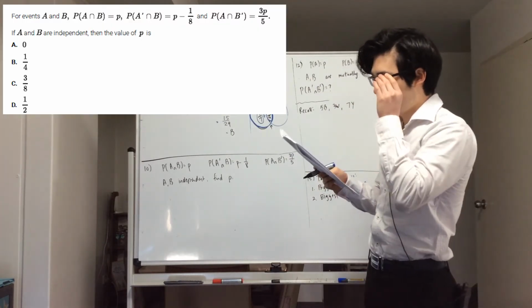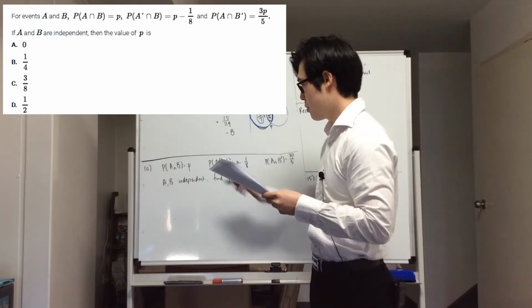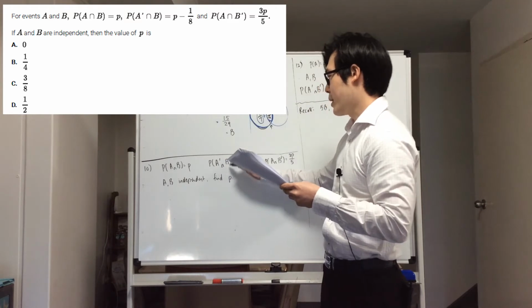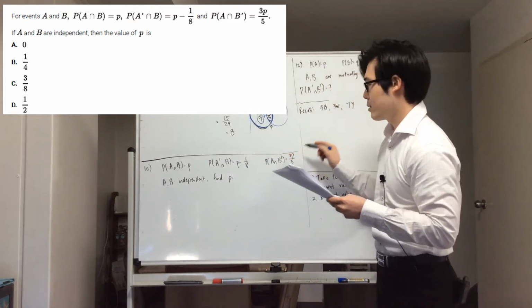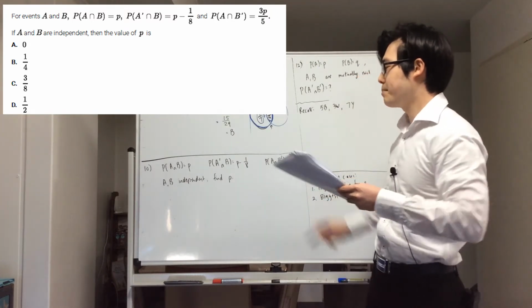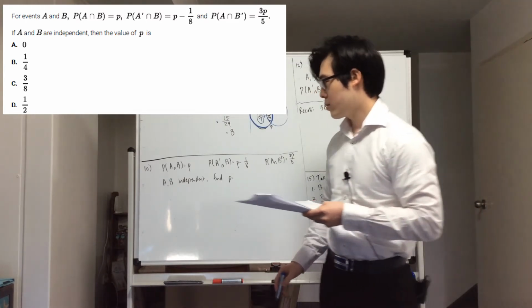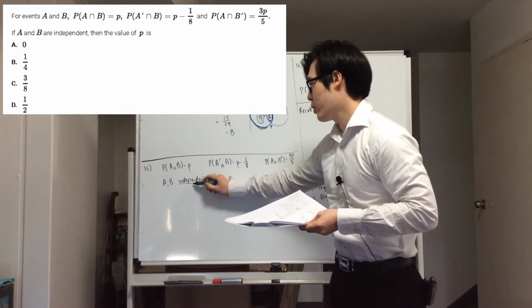For events A and B, the probability of A and B is P. The probability of not A and B is that. The probability of A and not B is that. A and B are independent. Find the value of P. To start off with this question, the word independent is quite important.